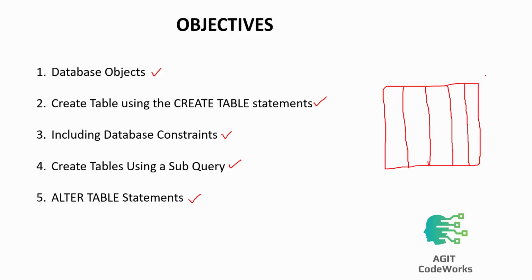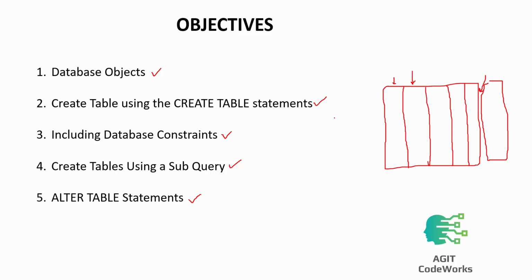And tomorrow I say, oh, I want to drop this last column here, which is the hire date column. The alter statement could do that. Or I want to add a new column over here. I can also alter a table to do that, or change some attributes on any column that already exists. The alter table statement will do that for us.